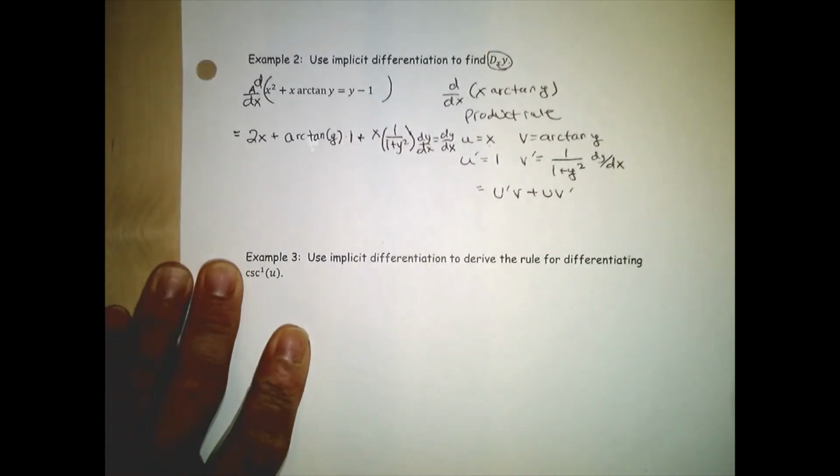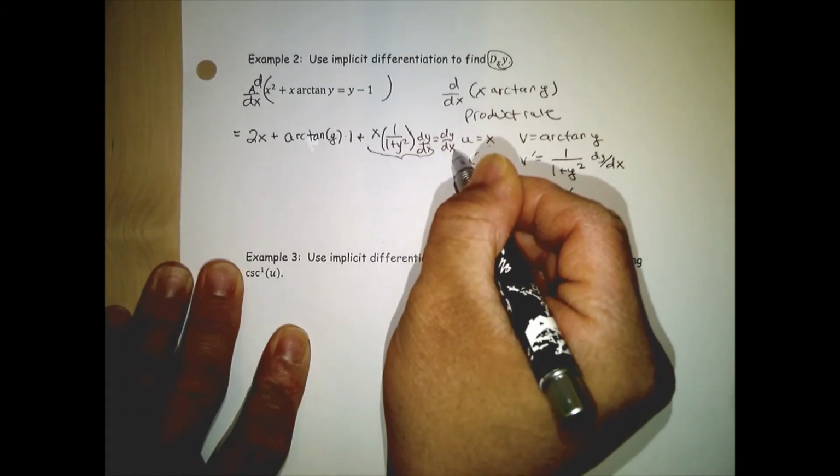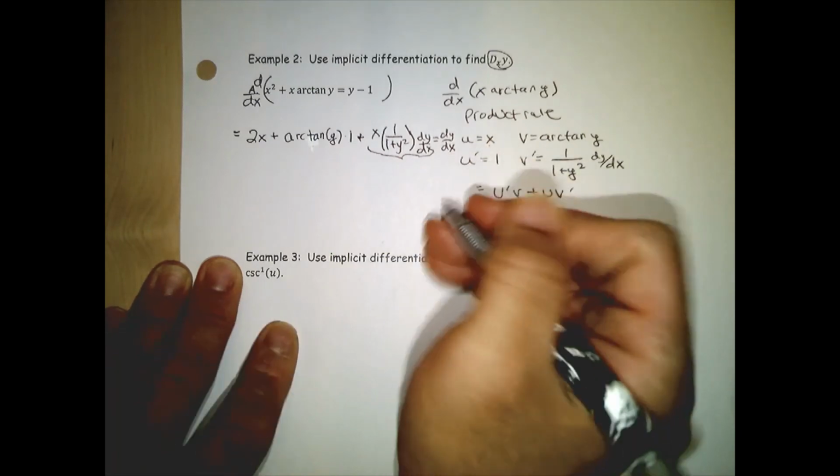And now what I need to do is actually subtract this term to this other side so that all of the dy dx's are on the same side of the equation.